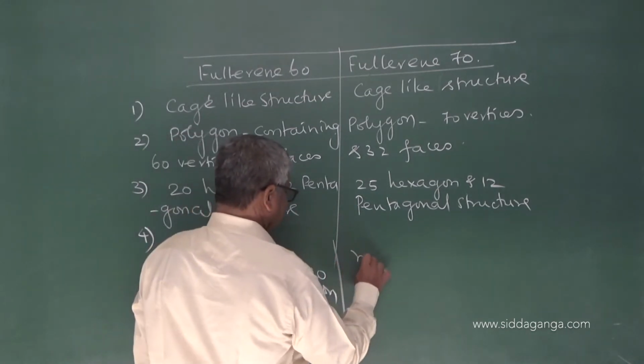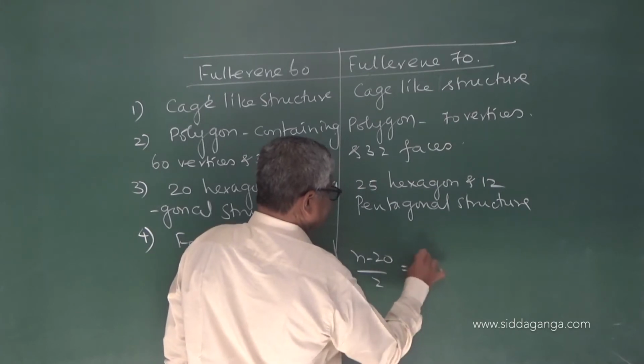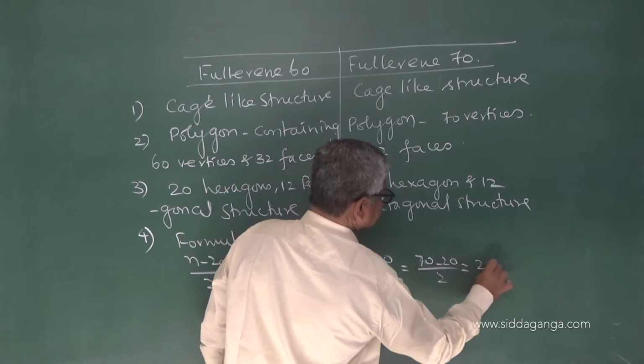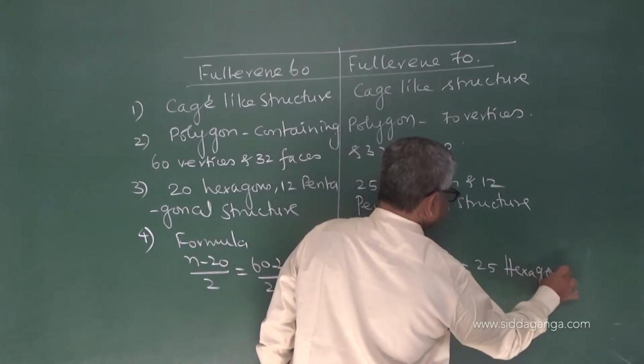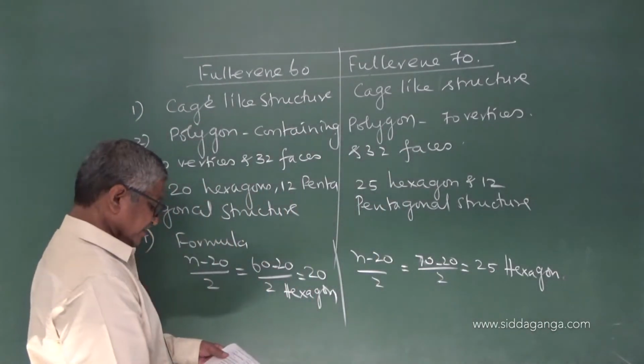Similarly, for n minus 20 by 2, 70 minus 20 divided by 2 gives 25 hexagons available in fullerene 70.